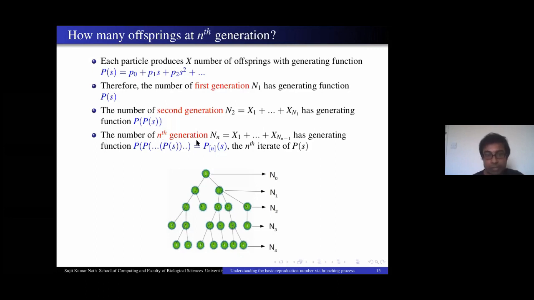Again, what happens at the nth generation, or maybe the third generation, for example? The third generation will be created by second generation particles in the same way. So now we need to sum up n2 number of x, each having generating function ps.